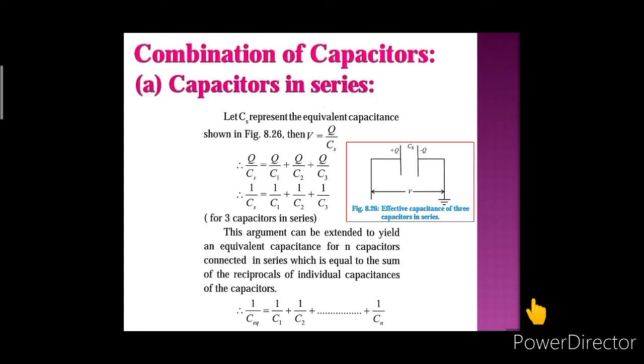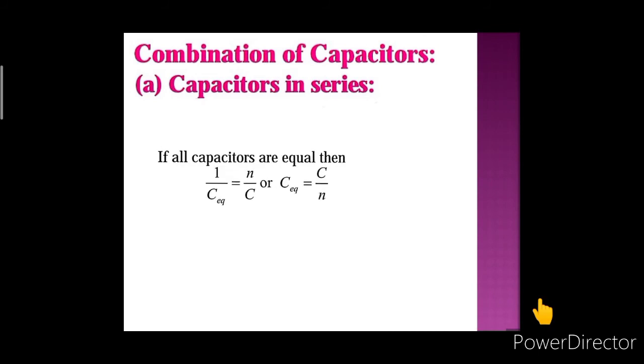That is 1 upon C equivalent is equal to 1 upon C1 plus 1 upon C2 plus till 1 upon Cn. And if all the capacitors are equal, then we can say that 1 upon C equivalent is equal to n upon C, or we can write C equivalent is equal to C upon n. This equation is there when all the capacitors are equal and are connected in series combination.